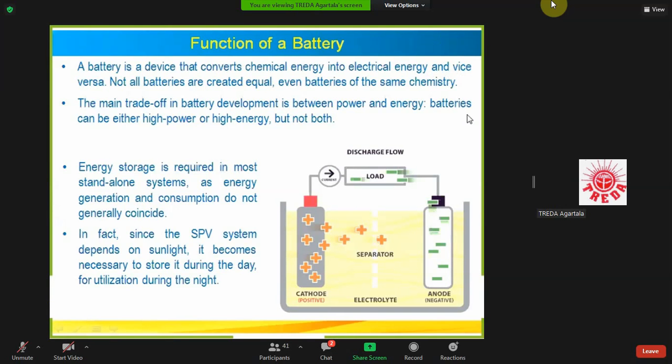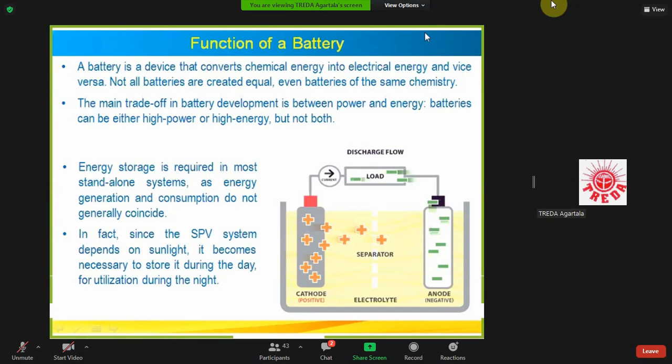So energy storage is required in most of the standalone systems. Energy generation and consumption do not generally coincide. How is this possible? During the sunshine we are getting energy from the sun, but in rural areas or some houses, in daytime the energy is not required. So what to do?